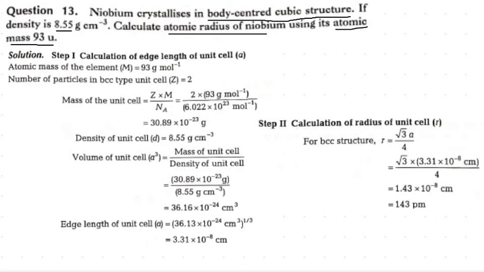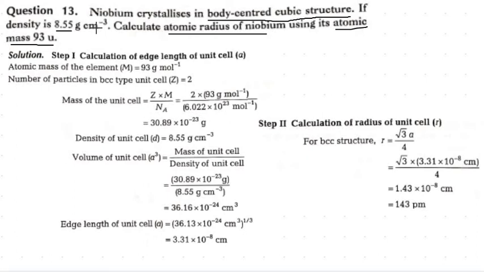Now you will be surprised: we have only the formula to calculate the cell edge length, but we don't have any formula to directly calculate the radius using this data. Using these dimensions, how can we calculate the radius? So here we are going to use two formulas. First, using this data, BCC structure means Z is equal to 2, density D is 8.55 gram per centimeter cube, and atomic mass M is 93.